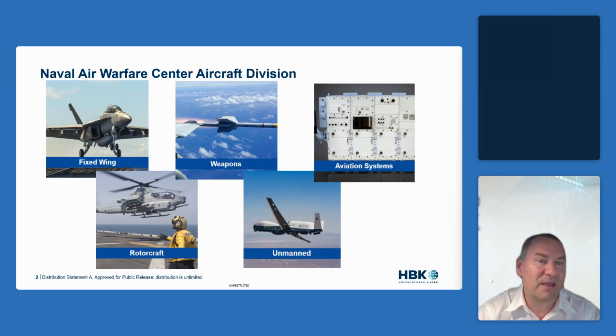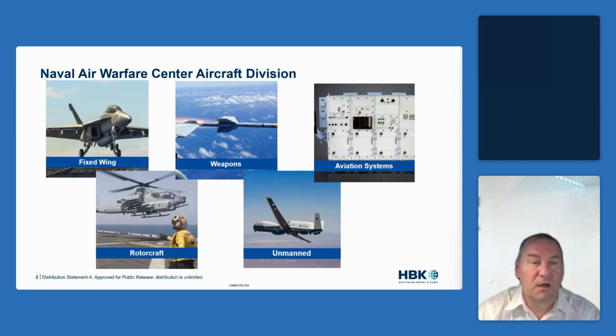That could be fixed wing aircraft like the F-18 and the F-35, rotor aircraft, various helicopter programs that are taken up in the US Navy. But increasingly, it's unmanned aerial systems, drones, and the systems that support them. But it's also things that sit on the wings of aircraft, like weapon systems, jamming systems, as well as all the support equipment.